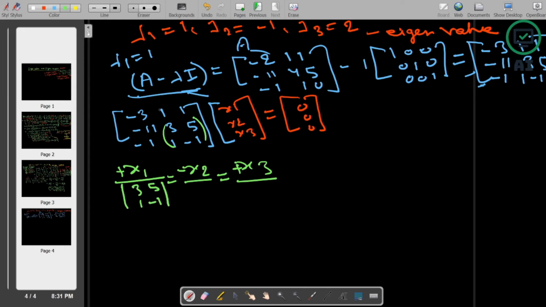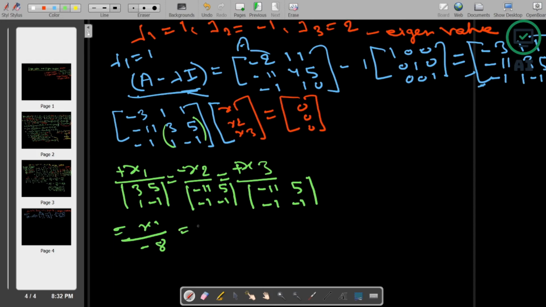Similarly for x2, first row, second column, so you will get minus 11, 5, minus 1, minus 1. Similarly for x3, first row, third column. So here you will get minus 11, 3, minus 1, 1. So if you solve this one, you will get x1 equal to minus 8, x2 equal to 16, and x3 equal to minus 8.